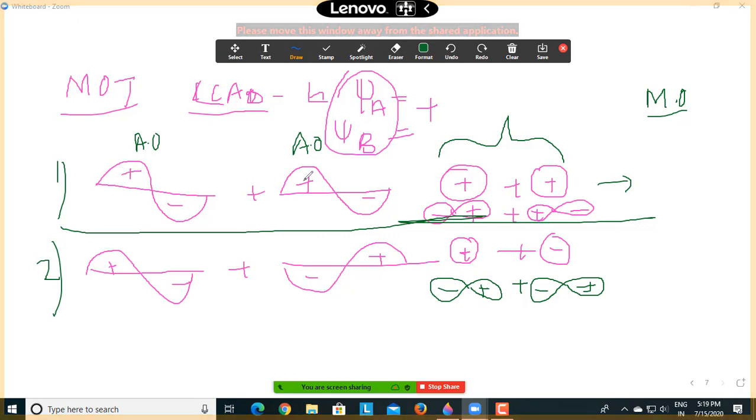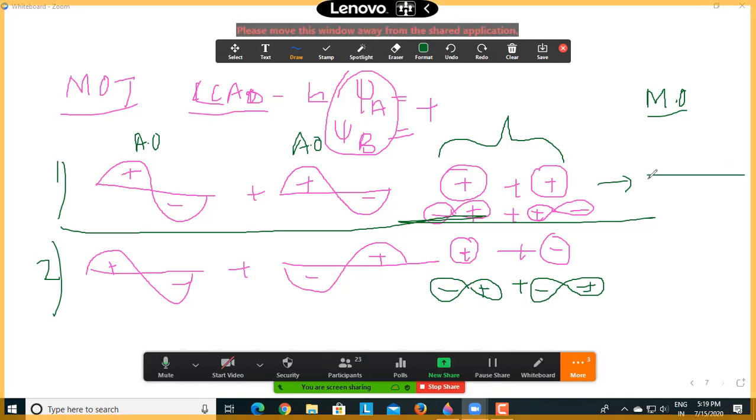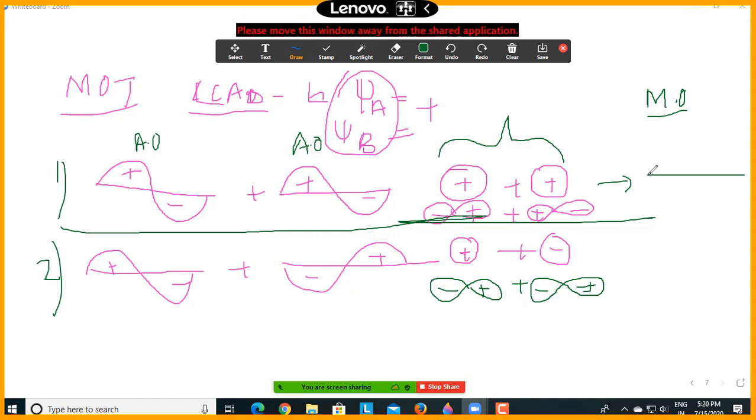When mixing, the amplitudes in the same direction will be added. First I am showing the wave of amplitude, then I will show you the orbital. When this plus and plus are added, it will be like this. Can you imagine?